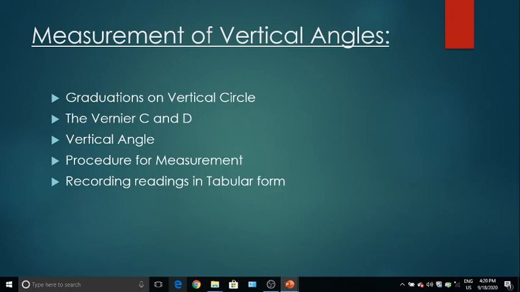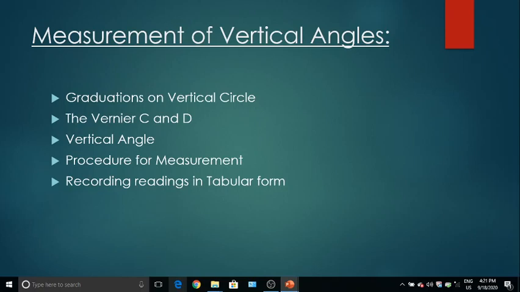When it comes to the altitude bubble, we generally talk about it after placing the instrument on a particular station. We complete the three steps in temporary adjustment, that is centering, leveling, and elimination of parallax or focusing, whatever you call it. In the second step, leveling, we level with the plate bubble tube for measuring horizontal angles, and to measure vertical angles, it is always advisable to level with respect to the altitude bubble tube only.